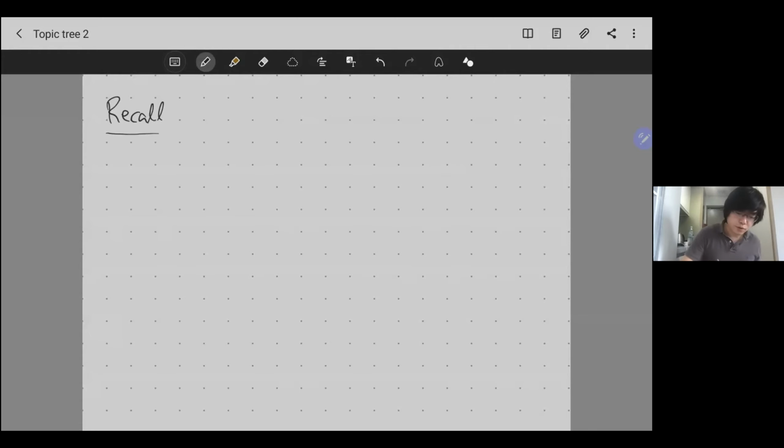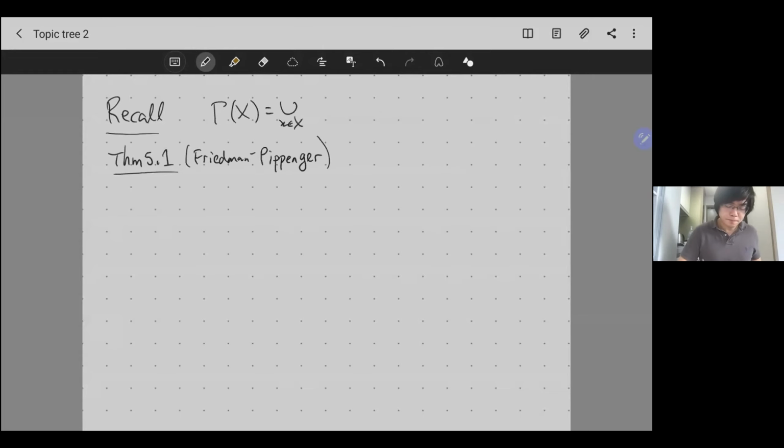Theorem 5.1. It says that we use this for the external neighborhood, okay? No, sorry, for just the neighborhood.